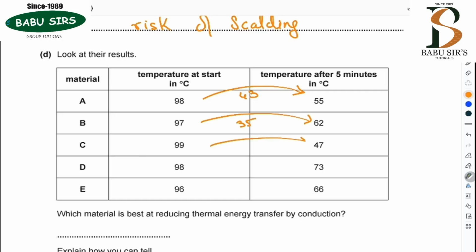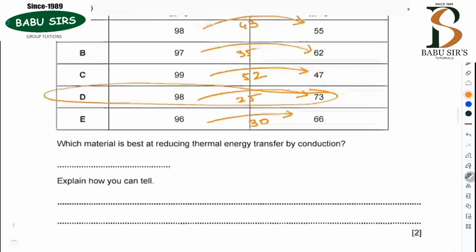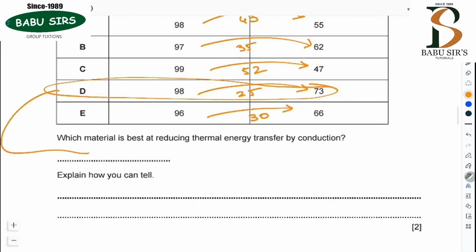Third one, it is 47 minus 99, around 52. D1, it is 73 minus 98, around 25. And E1, it is 66 minus 96, around 30. So I think this is the best one where the heat loss is very less. That is the D part.